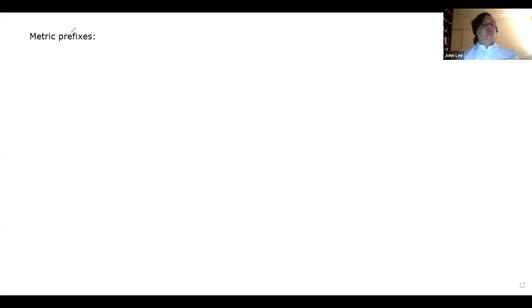So while we're talking about metric prefixes, we're going to talk about orders of magnitude. So in that last slide, you saw that each prefix referred to some 10 to the n power.